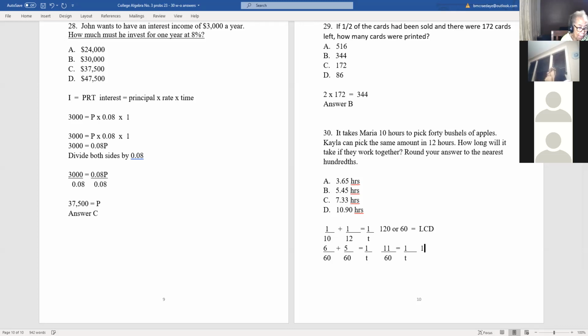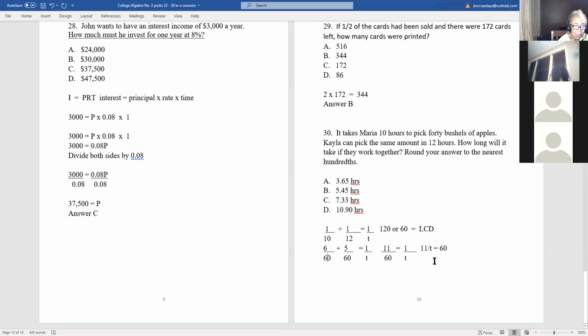So you get 11, and I'll just do the slash here. 11 over t equals 60. So what is t equal to? 11 over t is 60. So t is going to be 60 over 11.